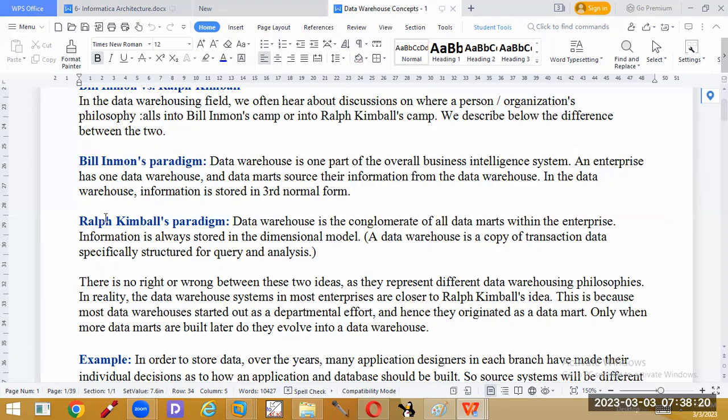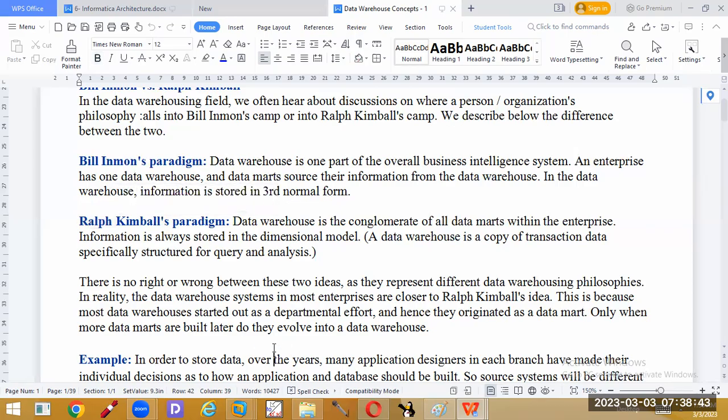Then once this process executes and works properly, we proceed to another domain, another module like finance and payroll, right? So mostly in our industry we are using Ralph Kimball.